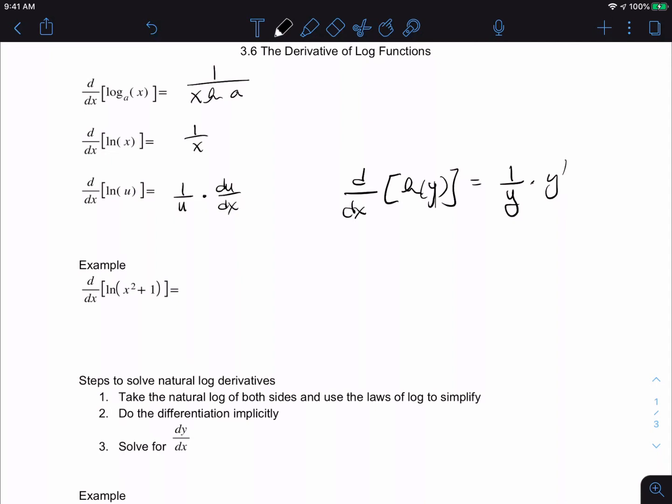All right, so this first example I'm going to do for you is this. Here's the way you want to look at it. If we just call that some variable we don't know, we'll call it gold. From the rule of ln of u, don't I get 1 over whatever that gold thing is? And the gold thing is x squared plus 1. But then we have to take the derivative of the gold thing. So what is the derivative of the gold thing?